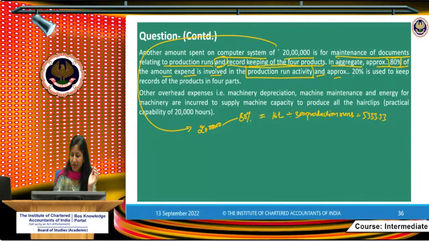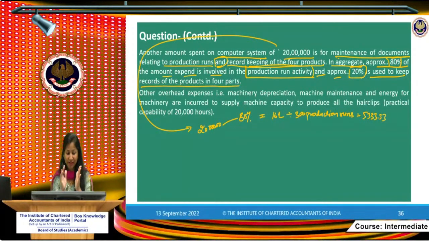Next information. Approximately 20% is used to keep records of the products in 4 parts. How many products do we have? 4 products. So how many records are you maintaining? 4 parts. Every single record for one product is maintained at a separate place, which means your records are maintained in 4 different parts.